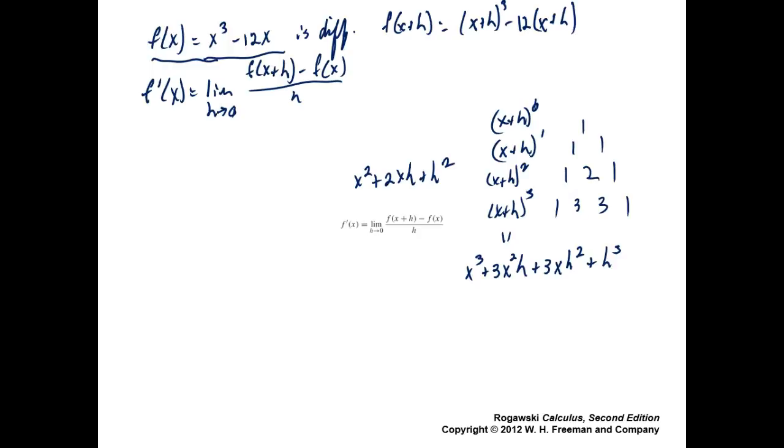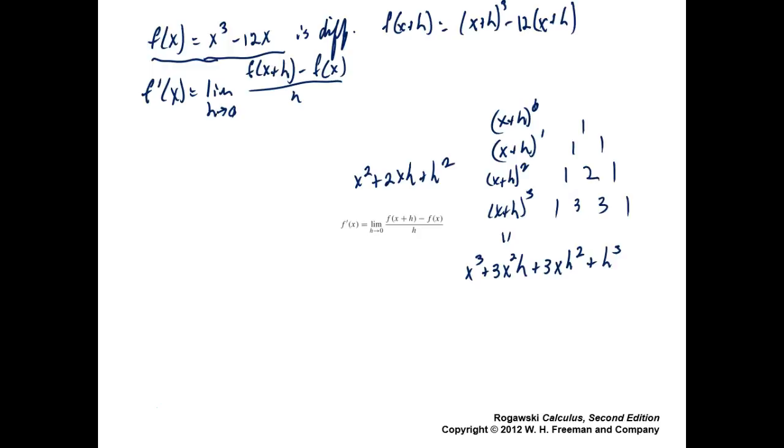This one times that would be 2xh squared, and then this one times that would be another xh squared, so that gives you 3 of them, and then the last one would be h cubed. So you could do those in either way you want to do it, but that's the first one.